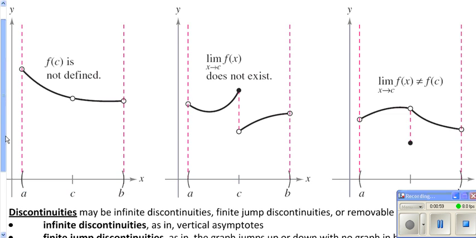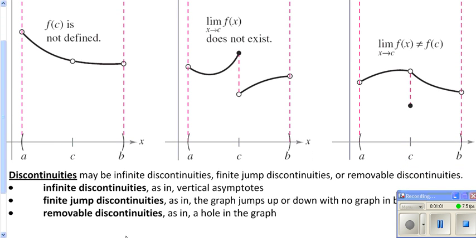A hole is referred to as a removable discontinuity because you could actually define a new function to cover that hole. Then we have a finite jump. That would be like the center graph up here, where you're going along and all of a sudden your graph jumps up or down from one point to another point. And then there are infinite discontinuities, and that's what happens when you have a vertical asymptote. That does not happen to be shown on this slide.